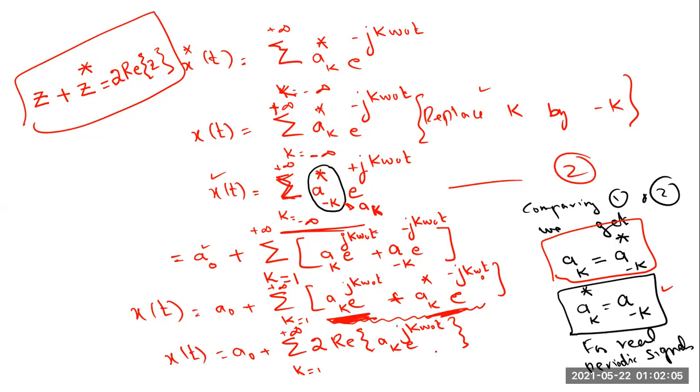Now all we need to do is find out what is the real component of this complex number. Now this ak is a complex number, okay? Ak is complex.